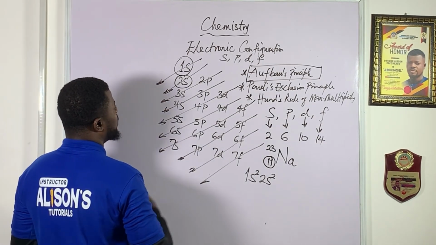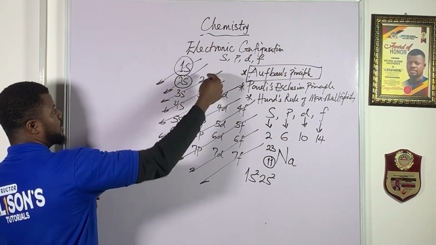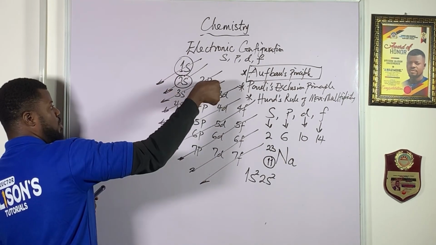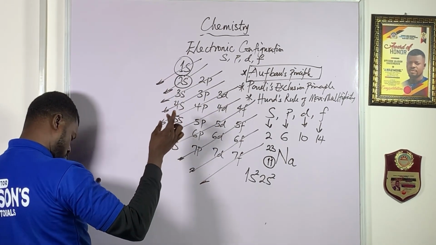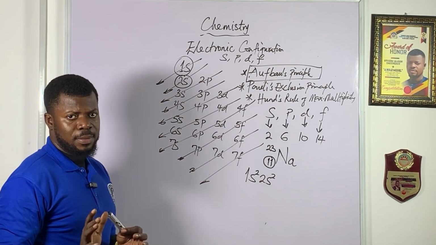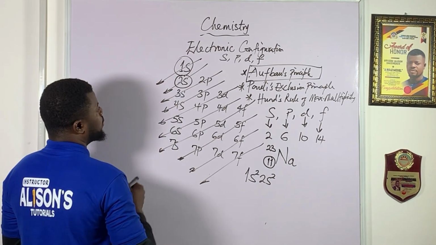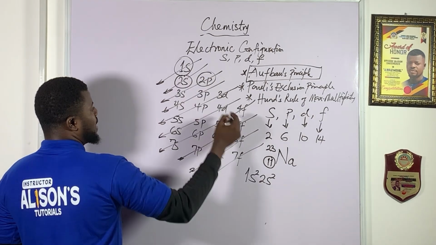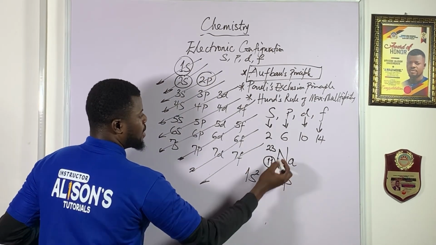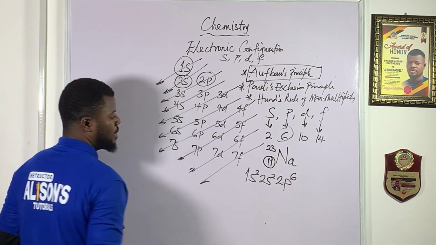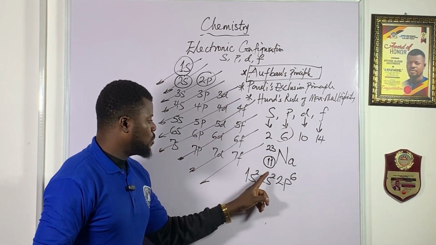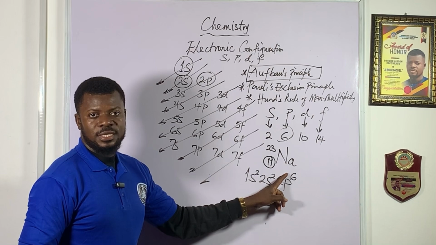Okay, the next one, this arrow is saying you have to consider this one before this one. Does that make sense? Okay, so the next one is 2p. The maximum you can take is 6. So you have 6 here. Count again. 2, 4, plus this 6. That's 10.